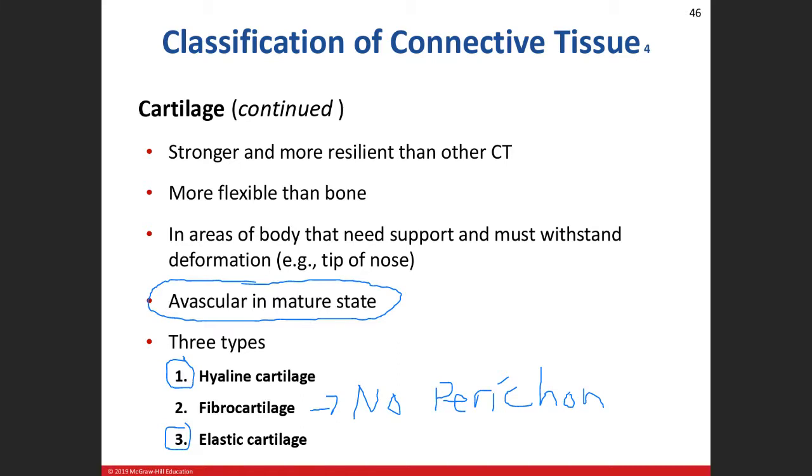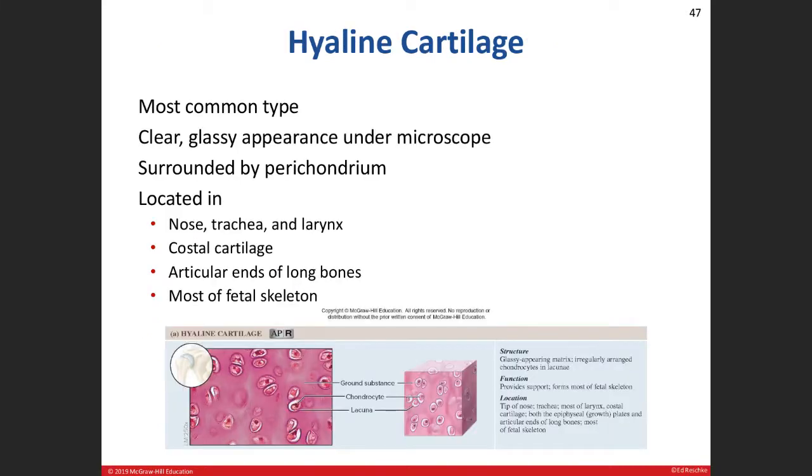So let's talk about each type. We'll go into a little bit more detail about hyaline cartilage in chapter 7, so I'm just going to give you the basics here. This is the one that's most common. It has a perichondrium. We're going to see this all throughout our body, and especially during the beginning portions of our life, because a majority of the fetal skeleton, as you're developing inside your mom and starting to take on that human-like appearance, a majority of those bones, before they actually become bone, are cartilage.